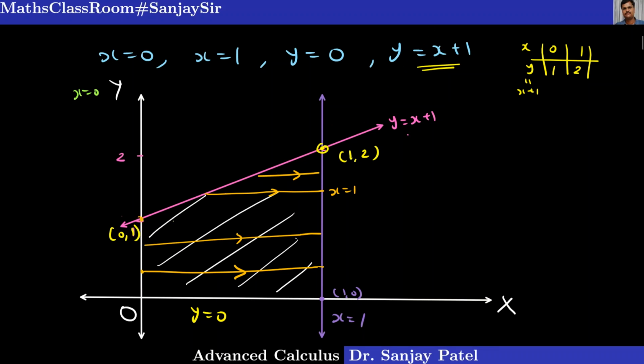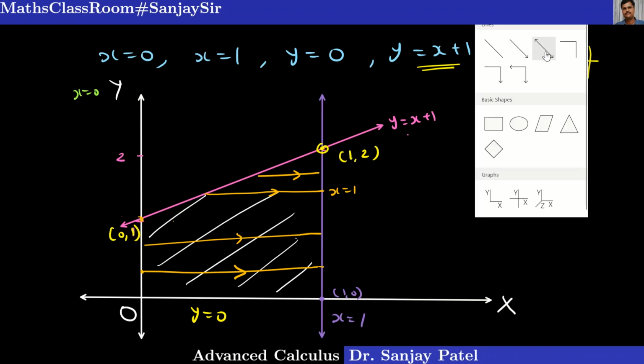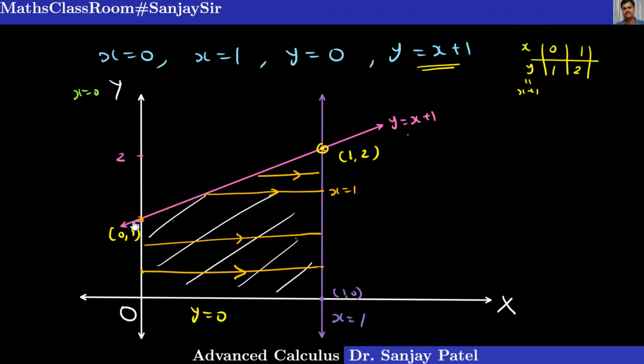So one must draw a line passing through the critical point from which this curve is changing. See, when this strip is initially here, the left hand curve is this line, but when it is here, the left hand curve is the y equal to x plus 1 line. And this is the critical point from which the curve is changing.